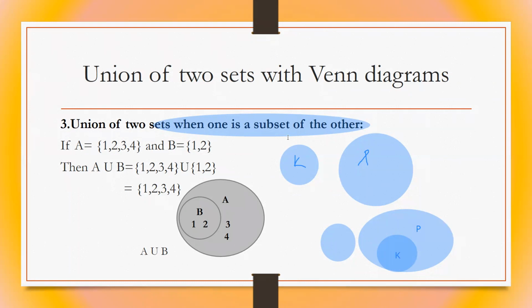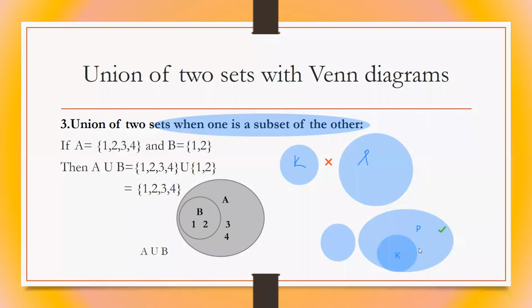So here, which diagram is correct? This diagram is wrong. Which diagram is correct? The diagram in which Karachi is in Pakistan, this diagram is correct.